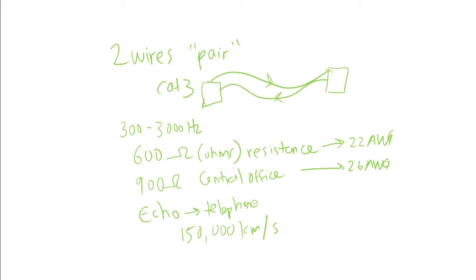So a very long distance phone call, which is maybe say 6,000 kilometers, will have a delay of 0.04 seconds. Or on a satellite, the delay might be 0.25 seconds.